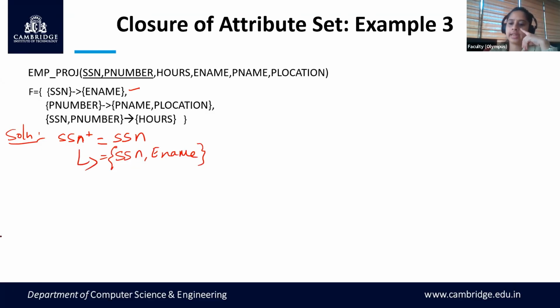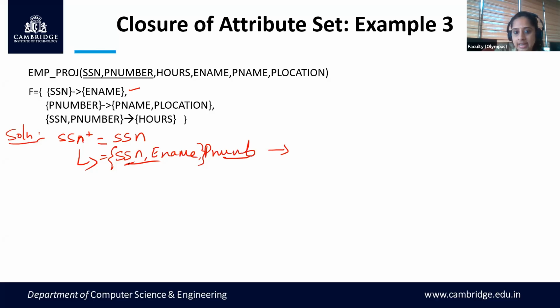Now, which closure will you take up? Excuse me, ma'am. Yes, Sanjini. Ma'am, we will not consider SSN P number for ours, ma'am. No, the combination only should be there. If you had SSN, E name, P number, you could have derived hours through a functional dependency.